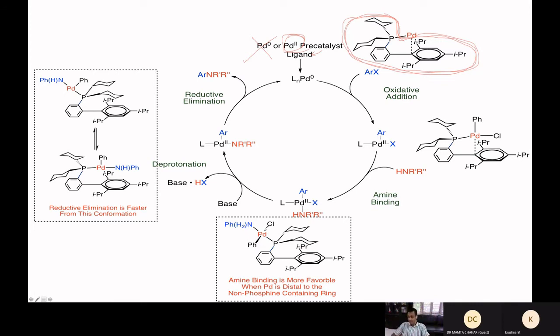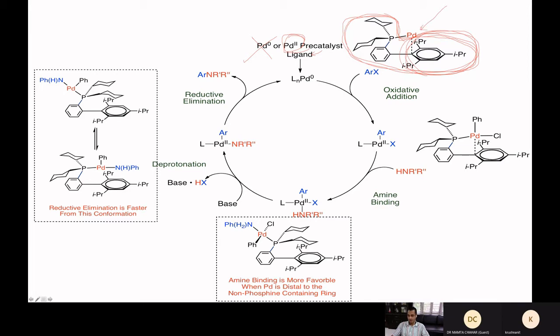But these species are going to be very unstable, right? As we were discussing, metal complexes usually try to form 18 electron species, and this is where the bottom ring, the triisopropyl phosphine containing ring in this drawing, comes into the picture, which interacts with the metal to stabilize it.